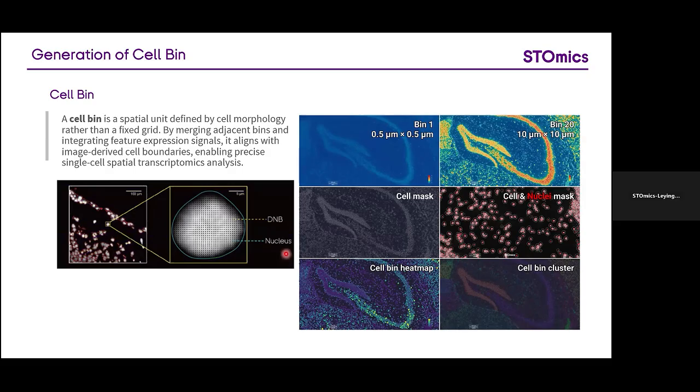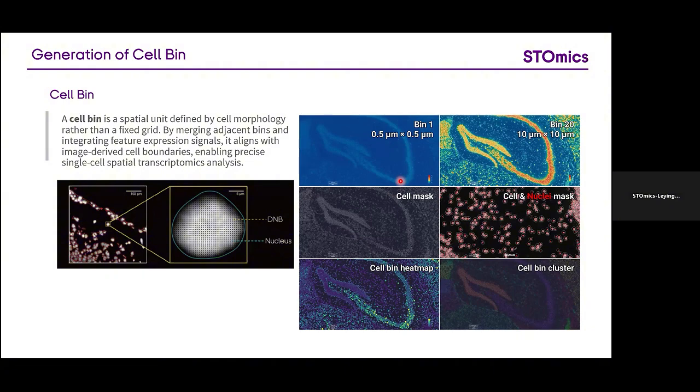So what is a cell bin and why do we care about it? A cell bin is a type of spatial unit. Unlike a square bin, like bin 1, bin 20, bin 50, the cell bin is defined based on the contours of cell morphology rather than a fixed grid, by merging adjacent spatial bins and integrating feature expression signals.